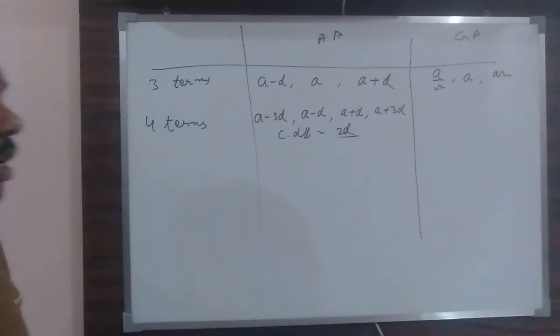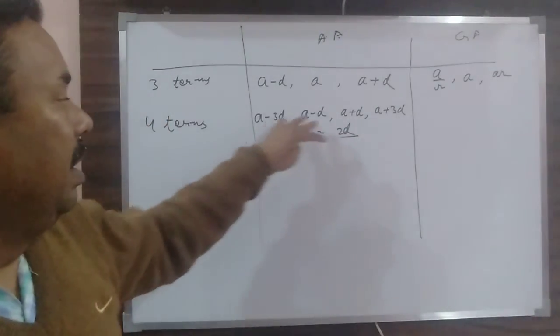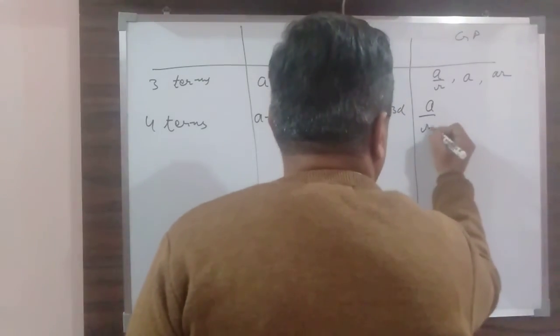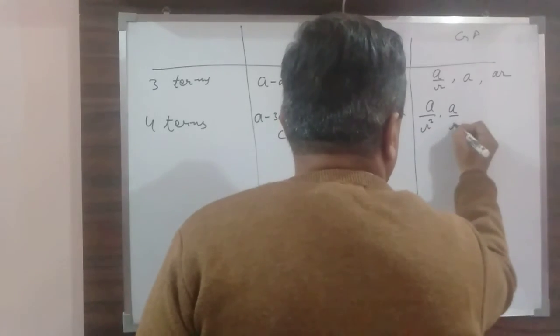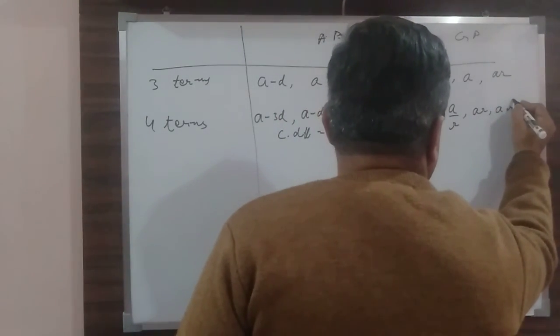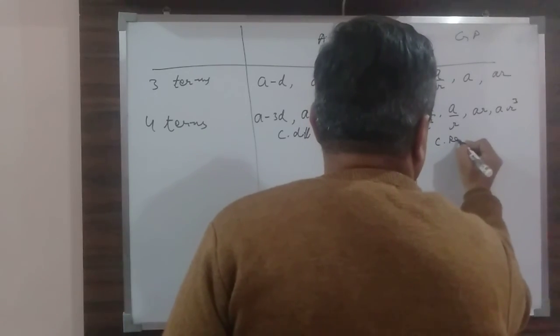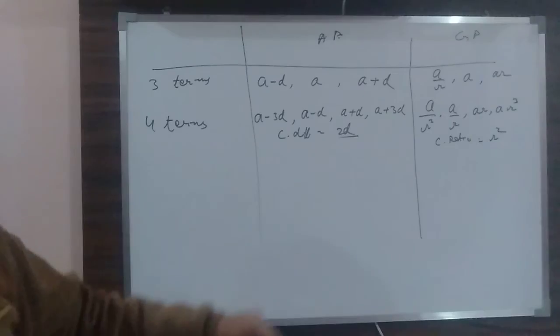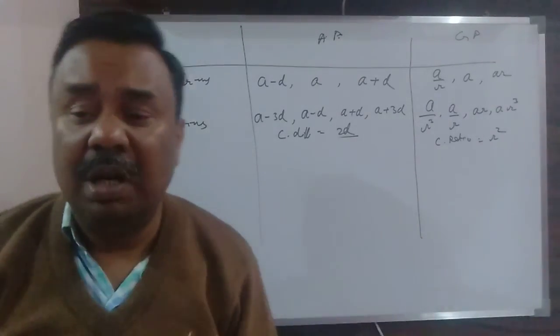Instead of d, you take it as 2d, and this will help you. Similarly, here also I will take a over r cube, second term as a over r, third term as ar, and fourth term as ar cube. And here the common ratio is r square. Instead of r, I am taking the common ratio as r square.